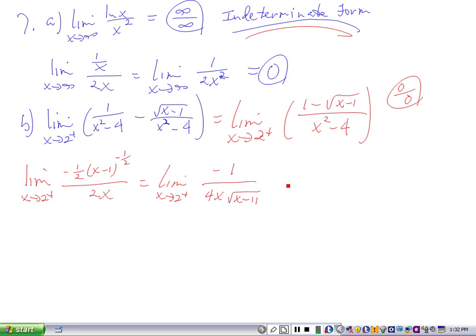Now we plug in x equal to 2. So we have negative 1 all over 4 times 2 times the square root of 2 minus 1. That's just 1. So we get negative 1 over 8. So, you know, the limit of a constant is a constant, and the constant there is negative 1 over 8. Number 8.